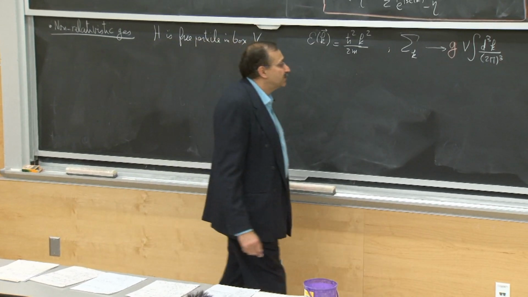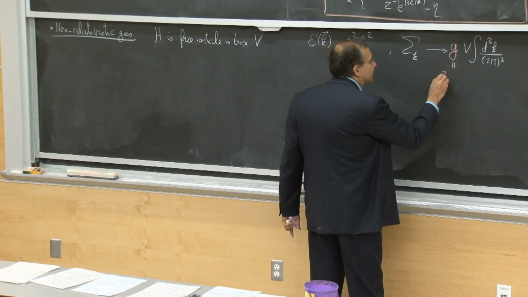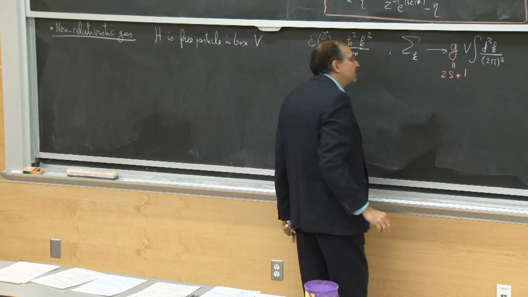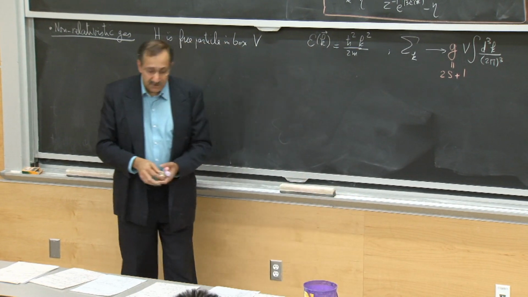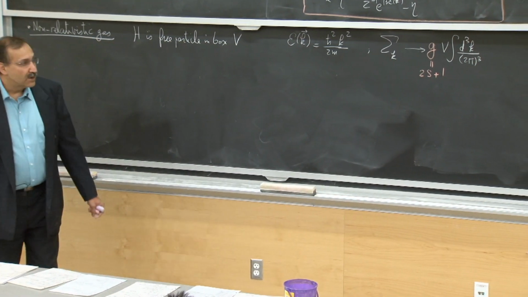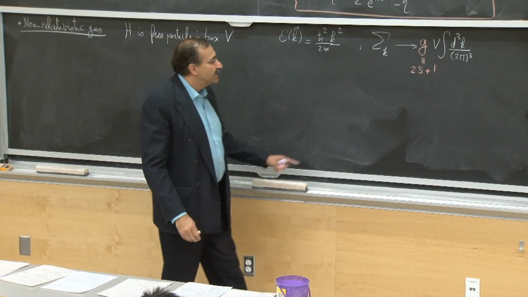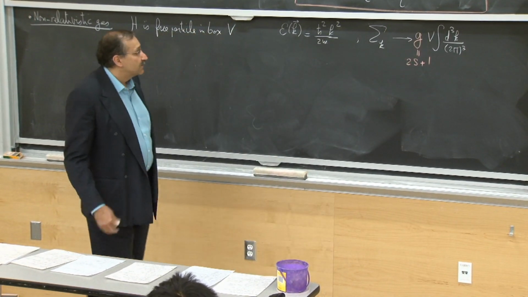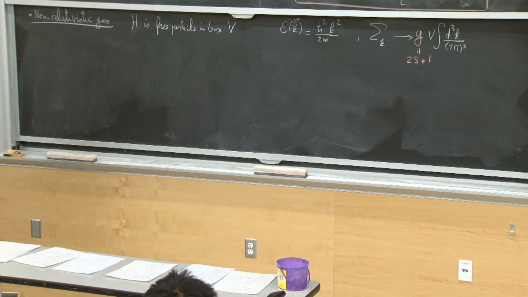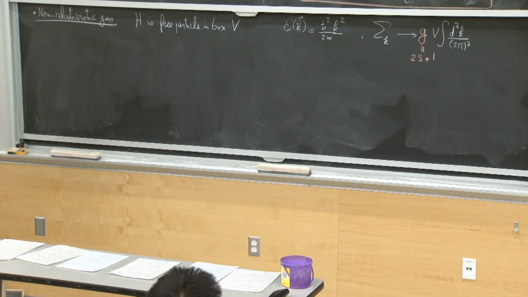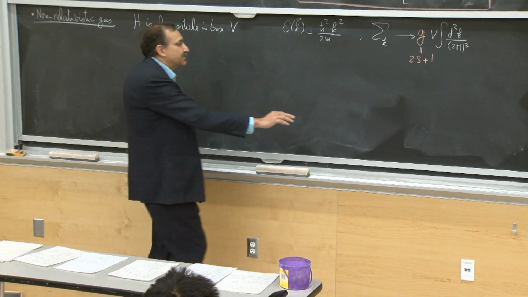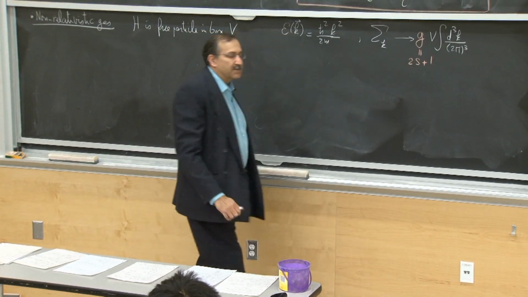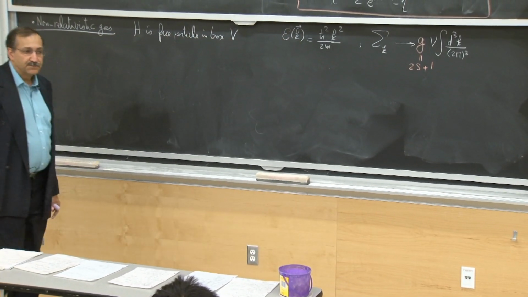And this g will be related to the quantum spin through the formula 2s plus 1, so that when you have fermions, typically s is half integer, and this will be an even number, whereas for bosons, it will be an odd number. So that's, again, something that you've seen. It just essentially says multiply everything by some factor of g.